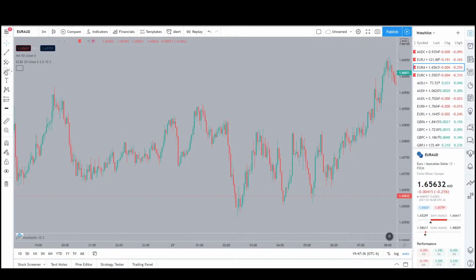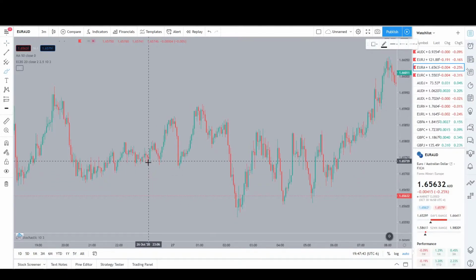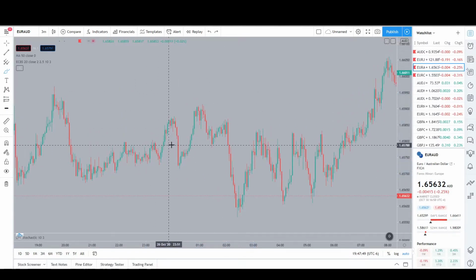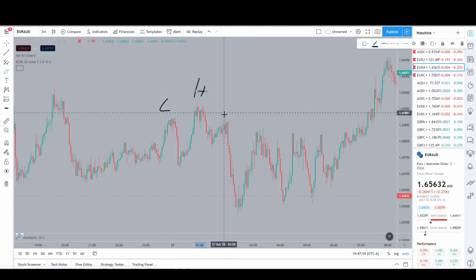Okay, so here we are. It might not be very obvious to, once again, the new traders here, but we have our head and shoulders right here actually. I'll circle it first. So right there is our head and shoulders, and as you can see, we've got our left shoulder here, our head, and then our right shoulder here.